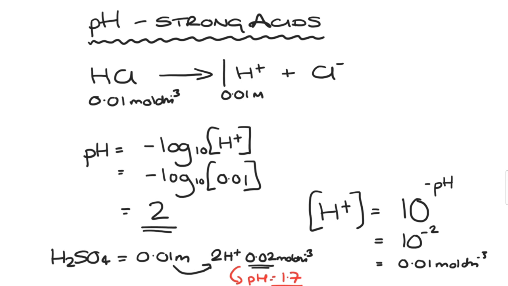Because it's a logarithmic scale, you may remember from GCSE that a factor of 10 change in the concentration, so from 0.01 to 0.1, or going the other way to 0.001, you would change the pH by a unit of 1, depending on whether you've gone up or down. So we know from GCSE that if we had changed that concentration to 0.1 moles per decimetre cubed, for example, that has increased by a factor of 10.